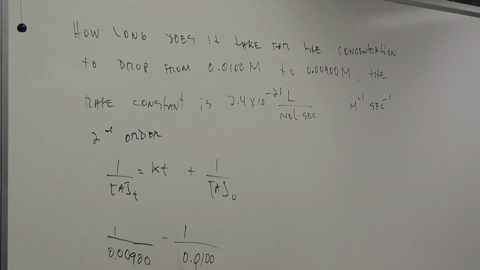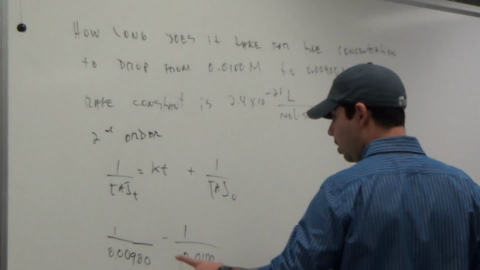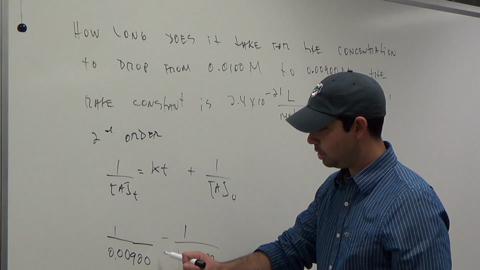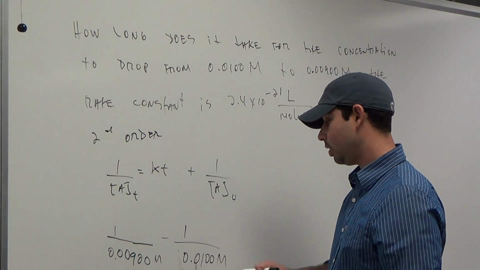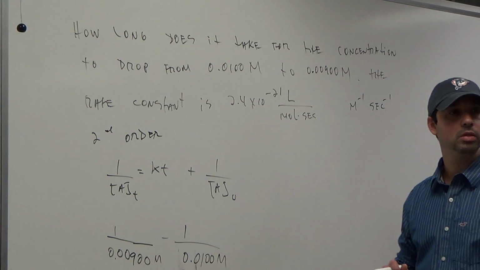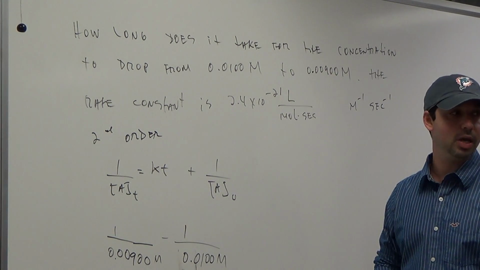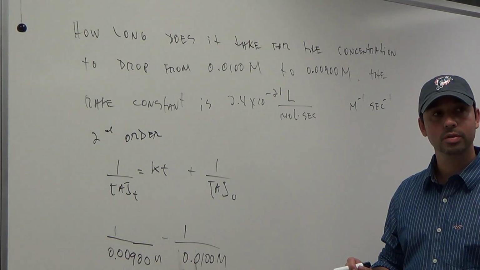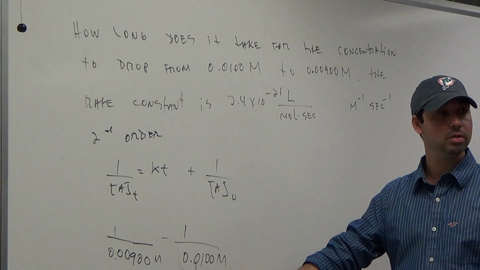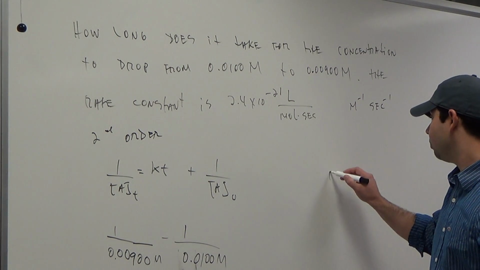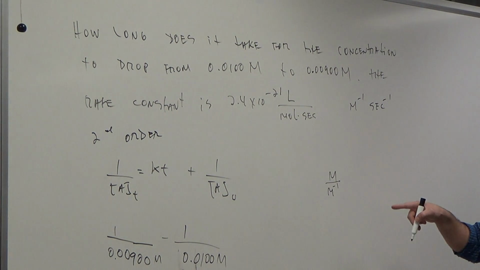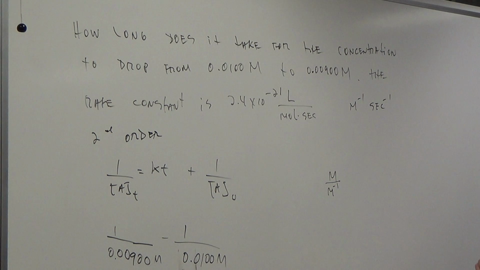Okay, so what are the units here and here? Molarity. These units are molarity. So on the top, what units do I have? Molarity, does it cancel out with this? Yes, because it's 1 over a molarity. But that's not what you have.